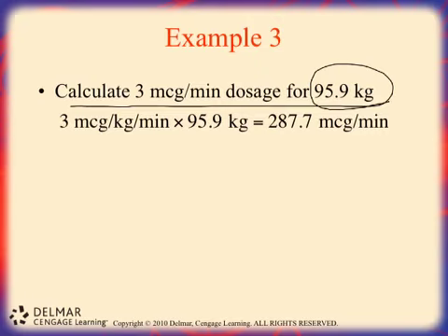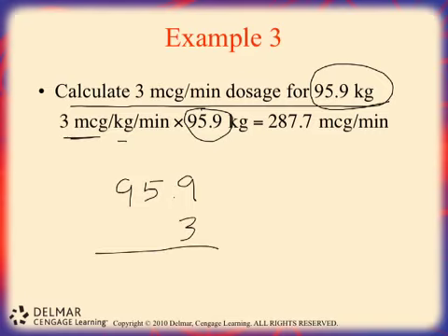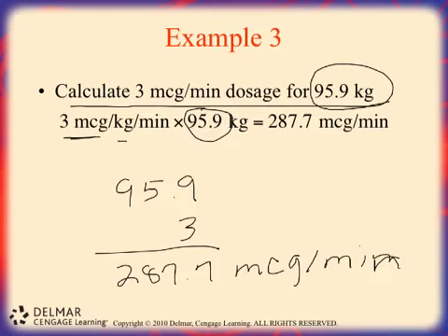So you're going to take your 3 micrograms times your kilograms, which was this, so that if you take 95.9, I'm sorry, times 3 micrograms, you're going to come out with 287.7 micrograms per minute that this patient can have based on their weight.